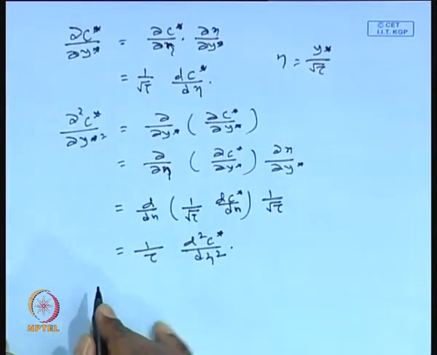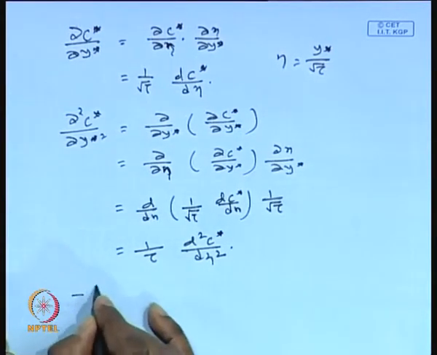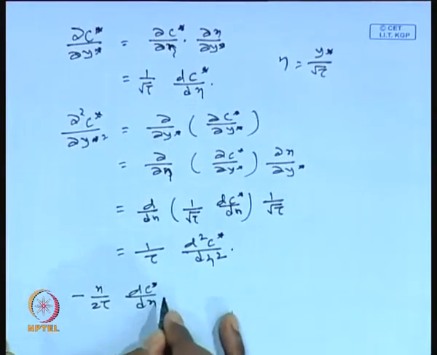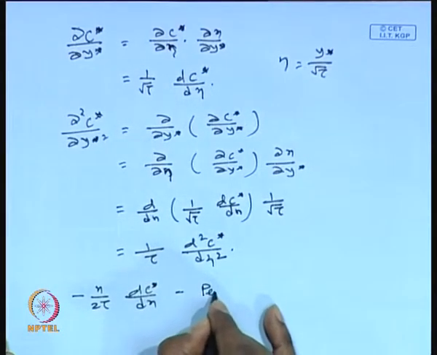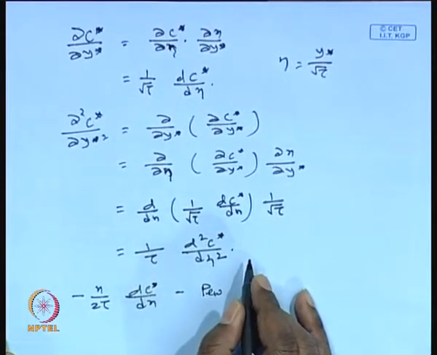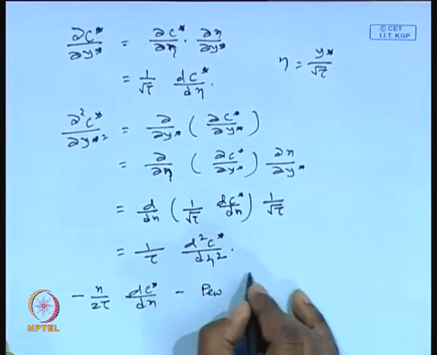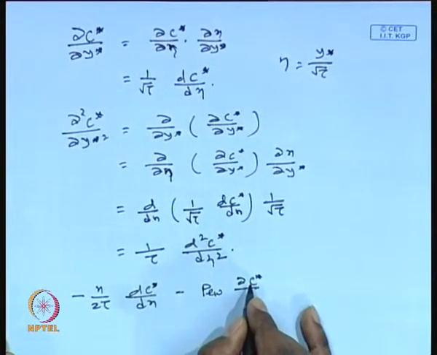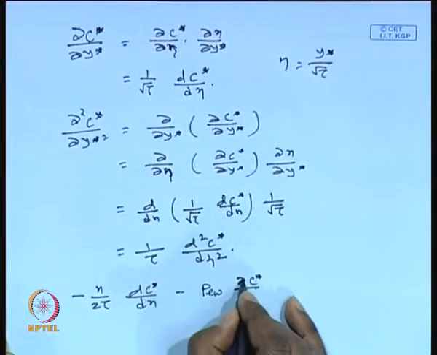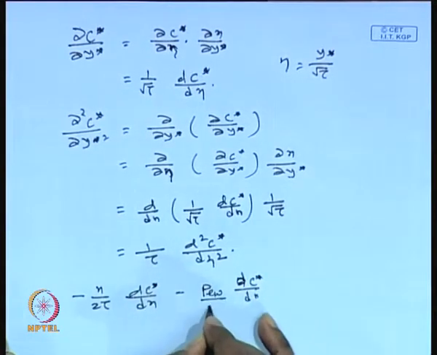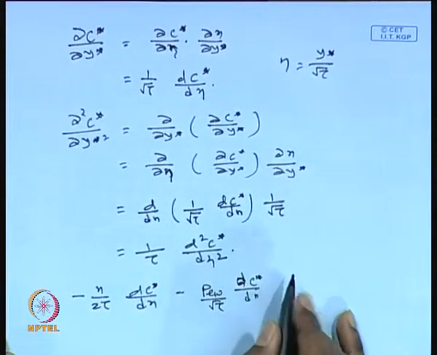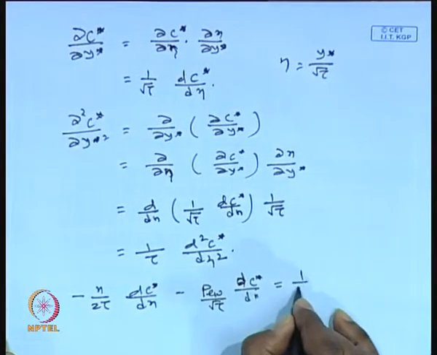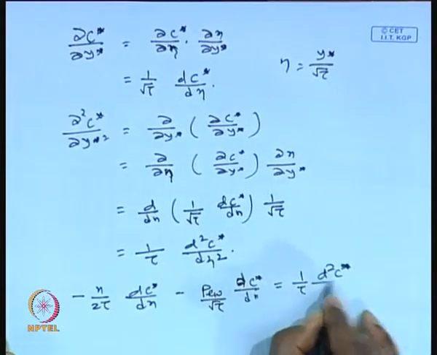So, you just write ∂c*/∂τ becomes minus η by 2τ dc*/dη, minus Pw ∂c*/∂y*, which becomes 1 over root over τ dc*/dη, and ∂²c*/∂y*² becomes 1 over τ d²c*/dη².